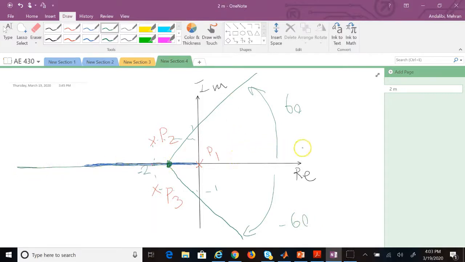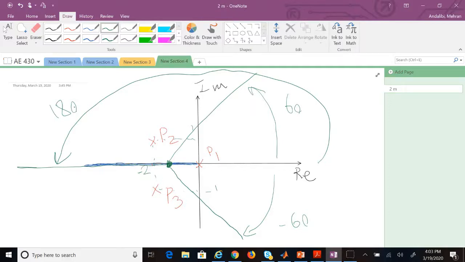This whole thing, right? So these three green guys are my asymptotes, right? My branches should ultimately fall on them as k goes to infinity.